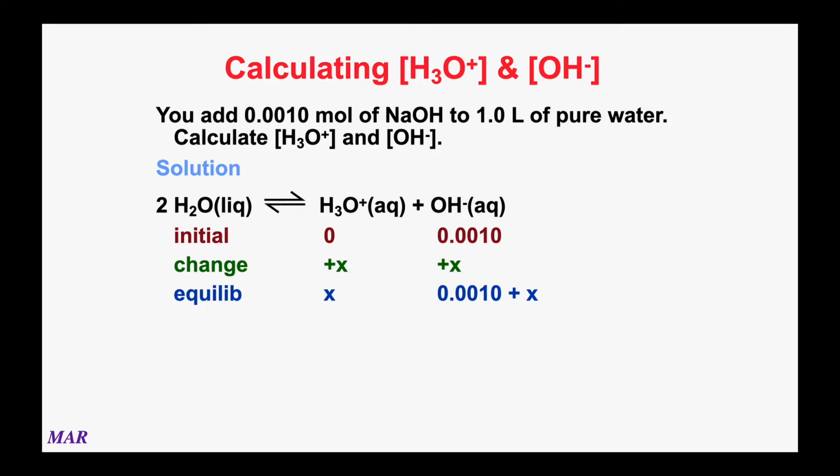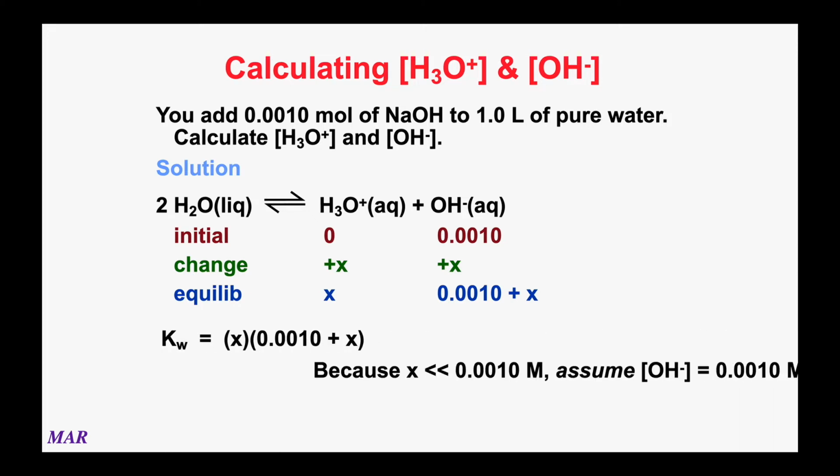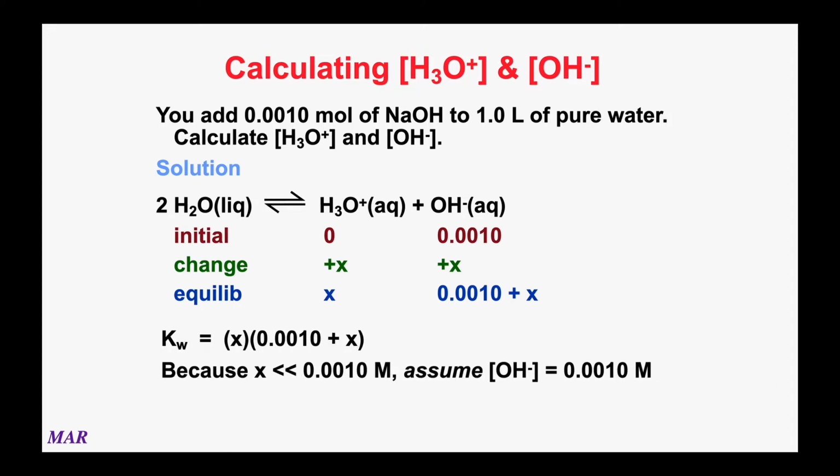So at equilibrium, hydronium will be x, hydroxide 0.0010 plus x. And knowing those values at equilibrium, we can set them equal to Kw, 1.00 times 10 to the minus 14th. So Kw equals x times, parentheses, 0.0010 plus x.